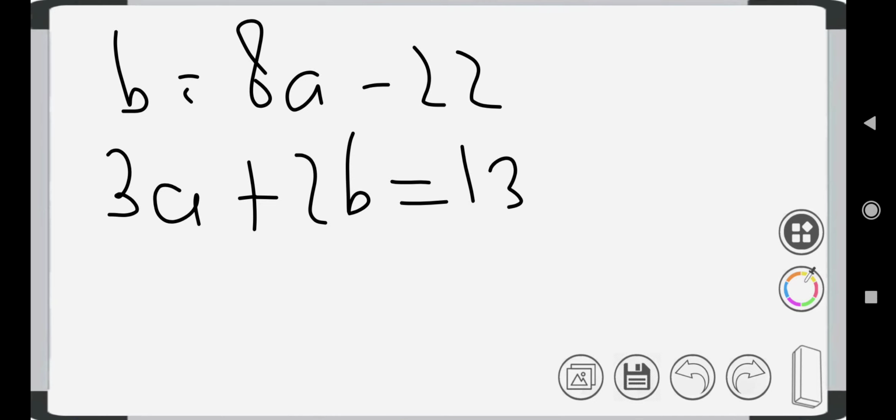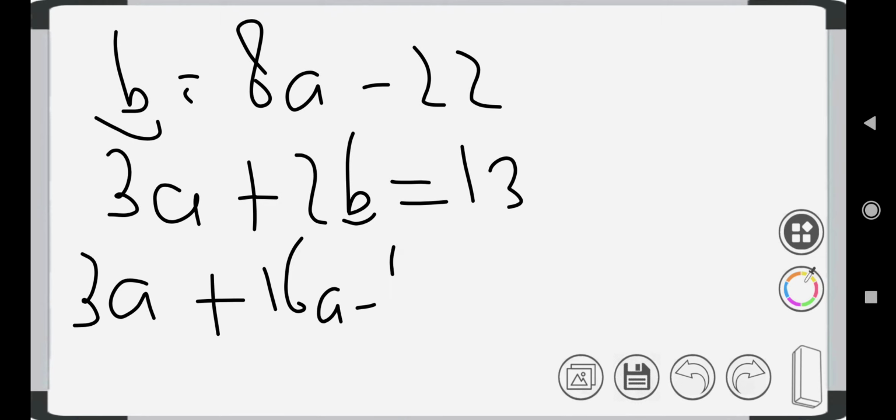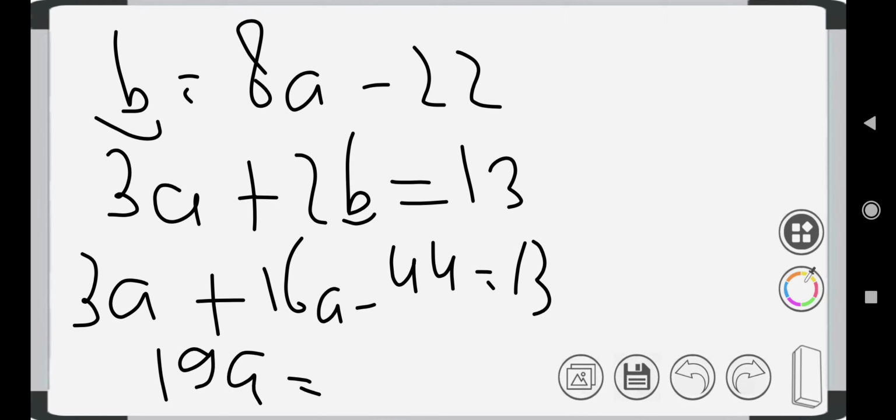We can plug this value of b into here, and we get 3a plus 16a minus 44 equals 13. If we sum up, we get 19a equals 57. So a is equal to 3.